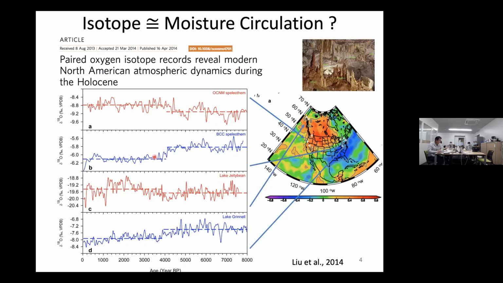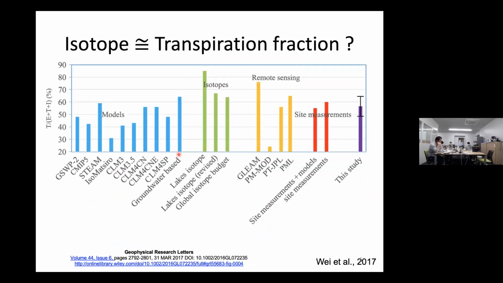I'm not going to go into detail. Then this is work done by my former student, Song Wei. He used isotopes as an indication of transpiration. Actually, this study was motivated by the work of Scott Jasechko. It was an interesting innovation afterwards.